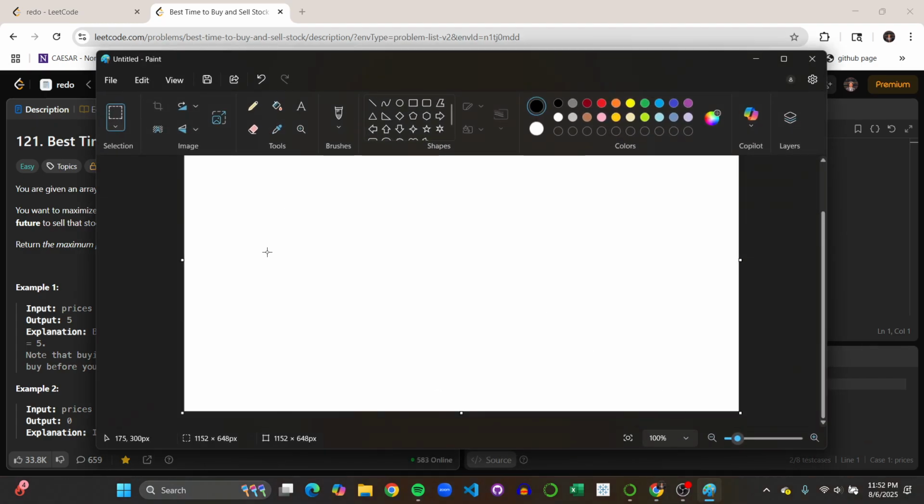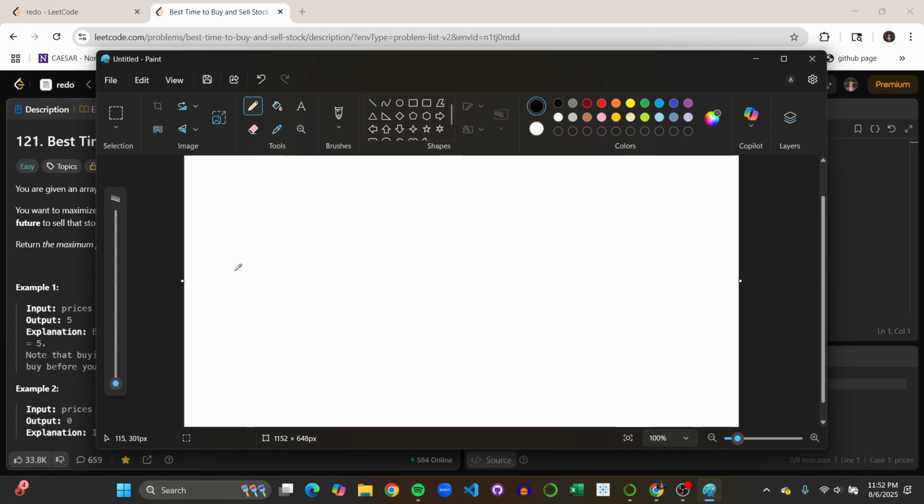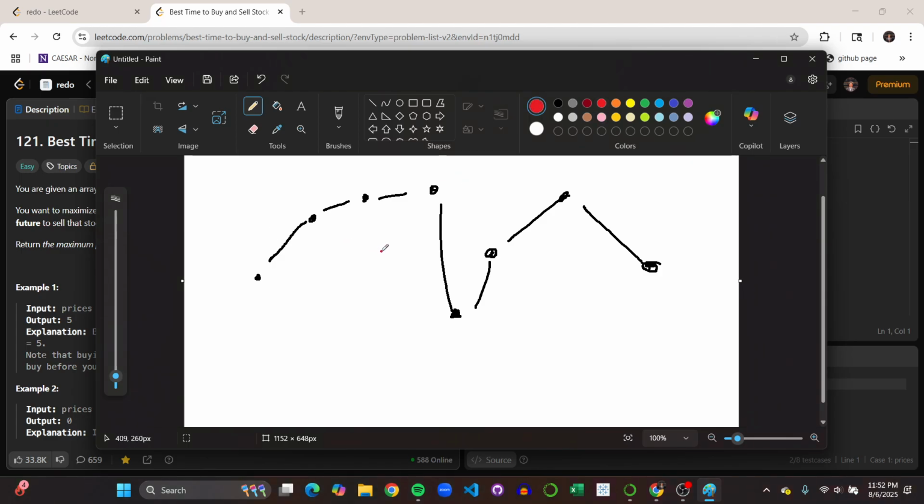So we can imagine this problem as kind of like a graph where you have buying and selling points. And what you essentially want to do is find the biggest pair where the vertical distance, or the profit, is the greatest, right?